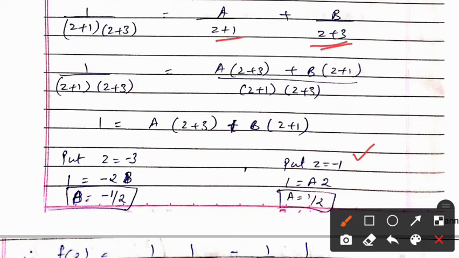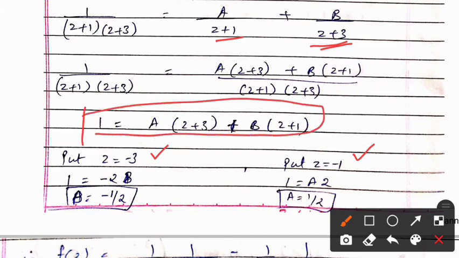Here you have z plus 3, so I will take one value as minus 3. If I put minus 3 in this equation, a becomes 0 and you get 1 equal to minus 2b, which implies b equal to minus 1 by 2.